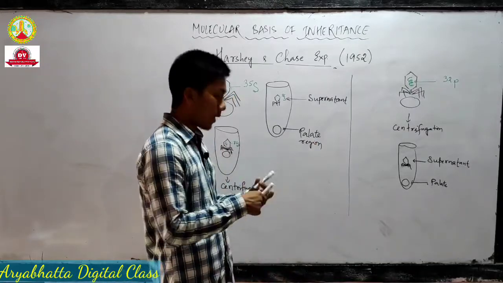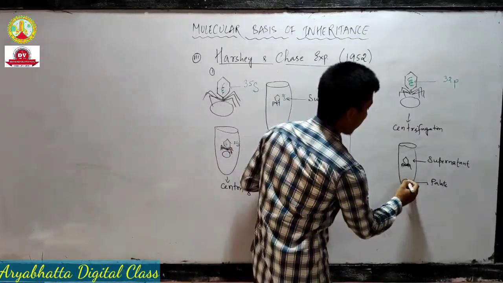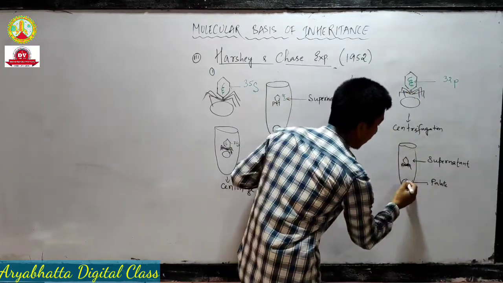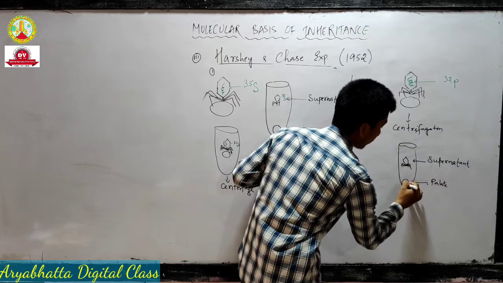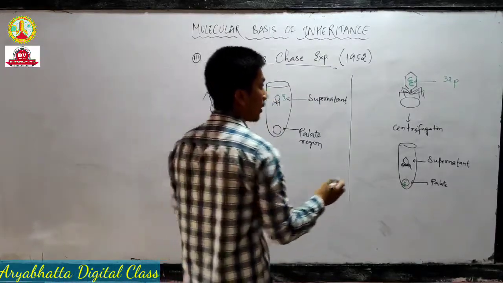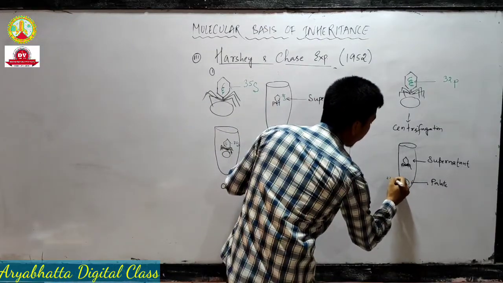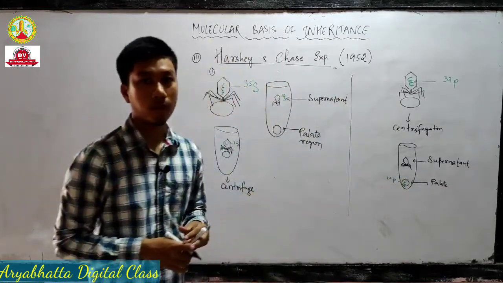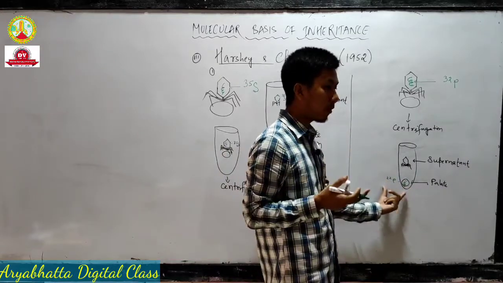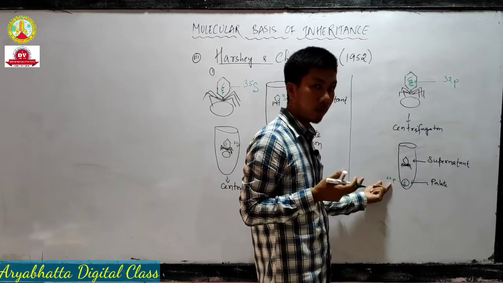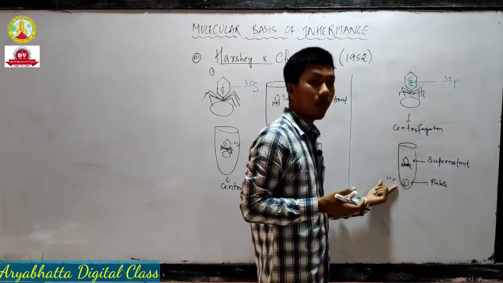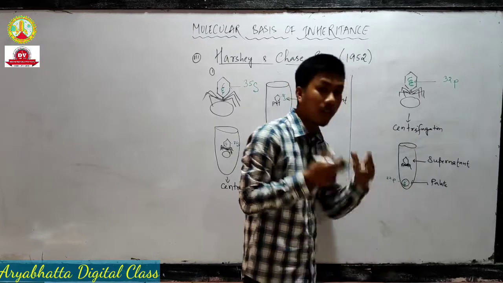So here they found that the DNA which was injected into the virus was found inside the bacterial body along with the phosphorus 32 radioactive element. When they visualized this test tube, they found that the radioactive phosphorus 32 in the viral DNA was inside the bacterial body.